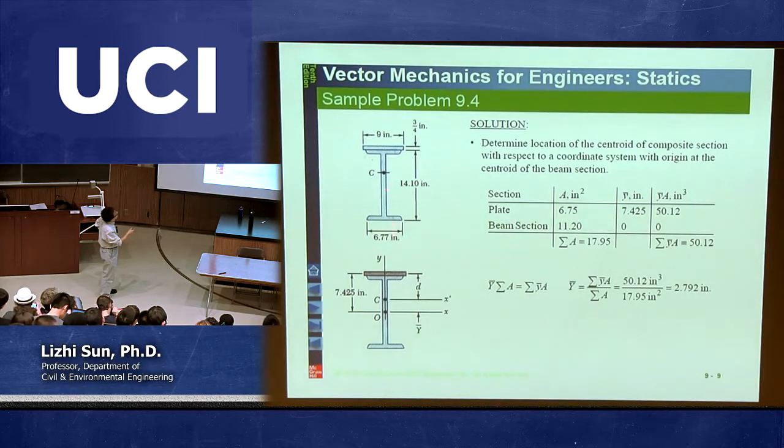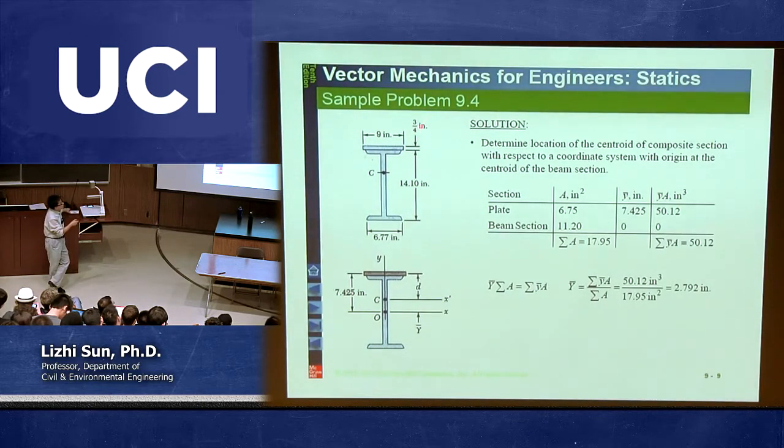Then add half of the thickness. The thickness is 3/4 inch, and 3/4 inch divided by 2 is 3/8. So 3/8 plus 7.05 should be 7.425.